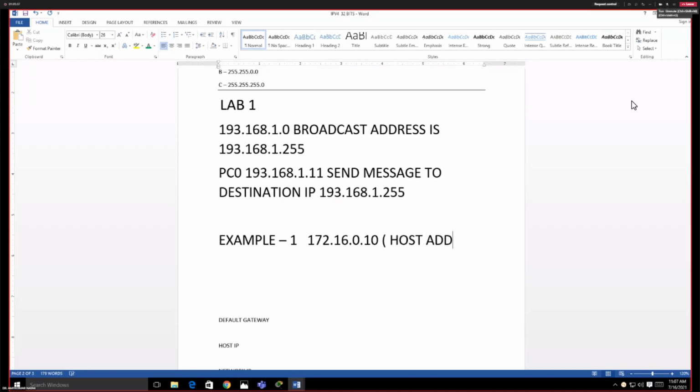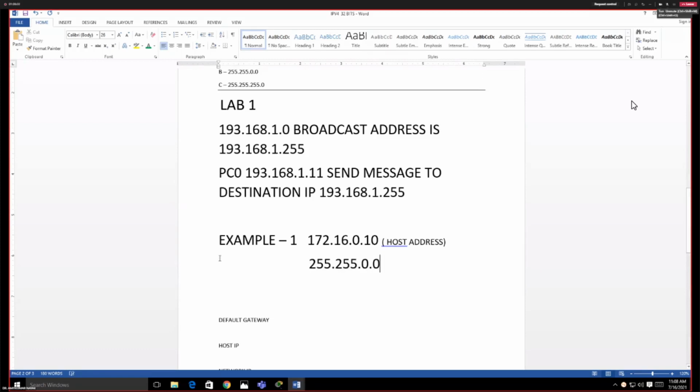Host address. So if this is a host address, then what is the value of the default mask for this? 255.255.0.0.